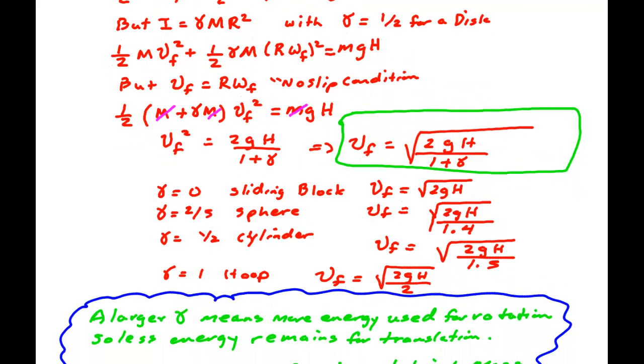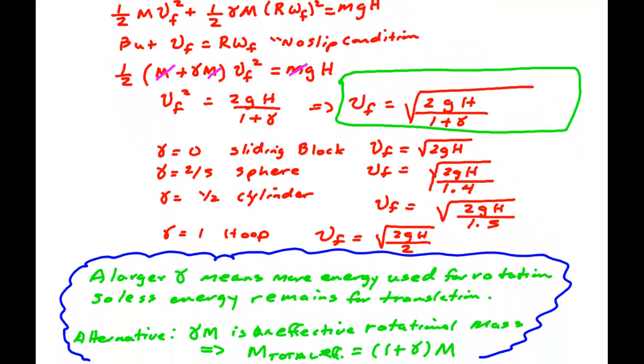Another way to look at this is to say that the gamma m produces an effective rotational mass. So if you're moving translationally, you have 2 blocks, one that's the regular mass you would expect, and the second which is a mass due to rotation. That's this gamma m term. The bigger this gamma m, the bigger the total m.